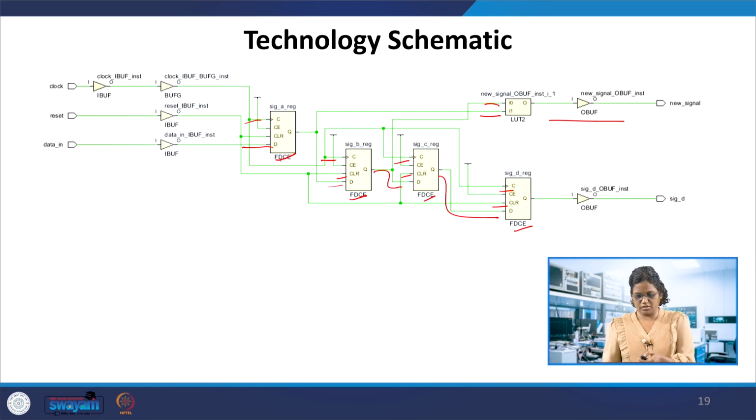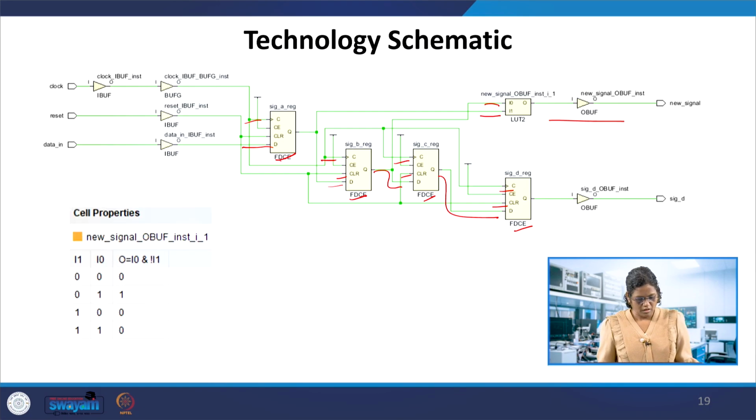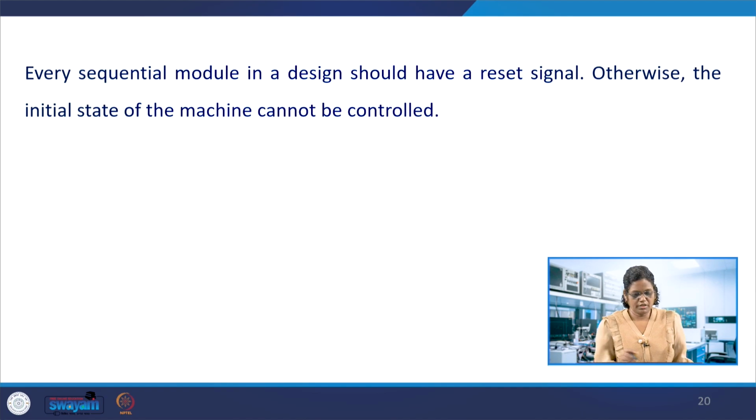This is the unregistered case. The output, as per the truth table, gives this: the LUT truth table is one inverted and the AND of the two signals here. Every sequential model in your design should have a reset signal, the global reset, otherwise the initial state of the machine cannot be controlled.